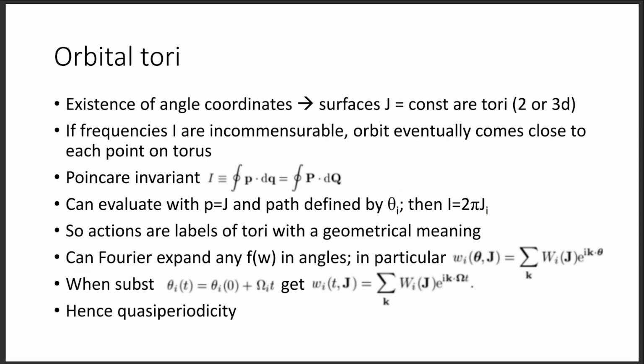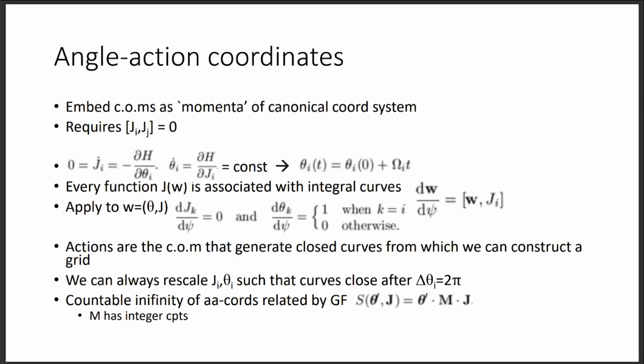We'll see. Sorry, it's demonstrated in the book. It's a very easy exercise to convince yourself that, if that being so, the new... if you take this generating function and calculate what the old angles are... So if I do the derivative of this with respect to J, I will get theta, the old angle variable, is equal to d by dJ of theta prime m J, which is equal to theta prime dot m.